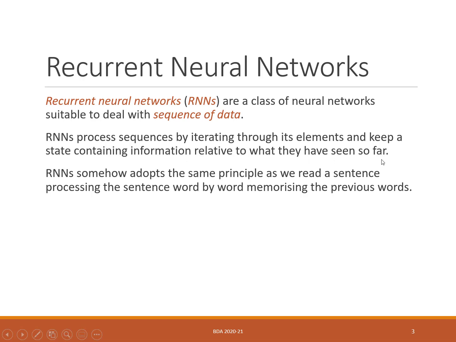In other words, RNNs have developed based on the same principle as we are reading sentences. To understand the meaning of a sentence, we process it word by word and memorize what came before. In other words, RNNs build a new representation of data using past representations and constantly update these representations once new information comes in.